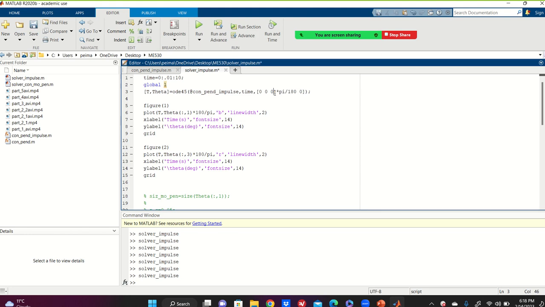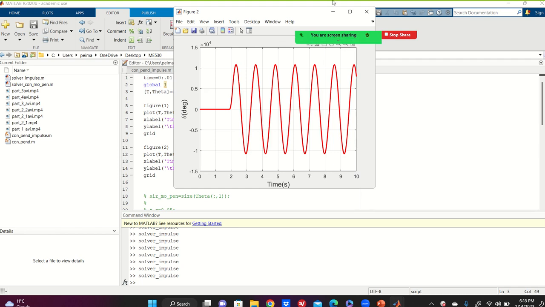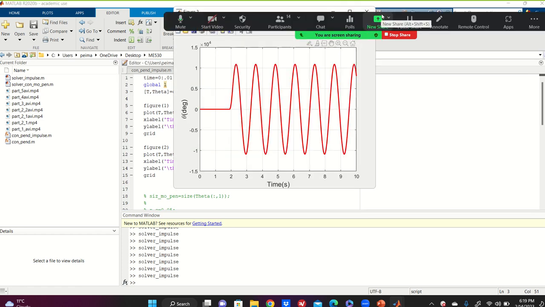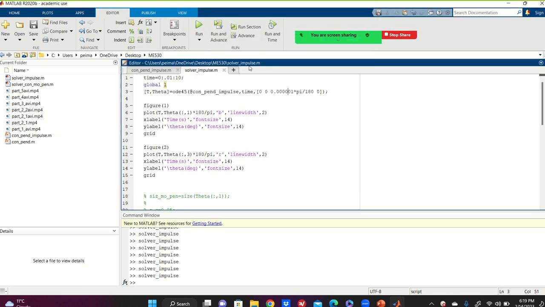Let me put a very small value because of accuracy in the numbers. Now it still shows good. It's bizarre because when I put 0 it must work. This is almost 0. See what I'm saying? Here we go. Now it's showing.